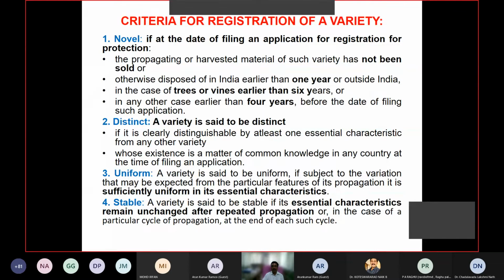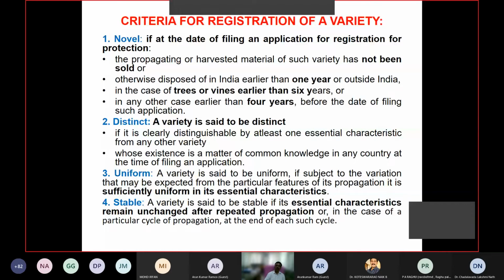No, it should not be. So for about 10 generations it should be uniform. The essential characteristic has to be uniform. It should be sufficiently uniform, and it should be stable, meaning these essential characteristics remain unchanged after repeated propagation.